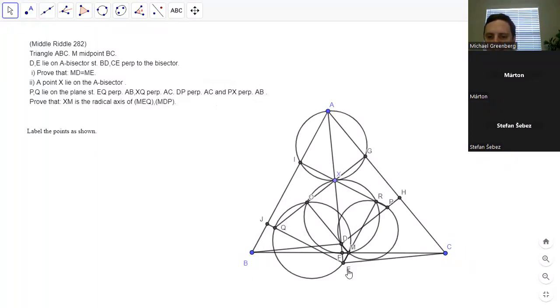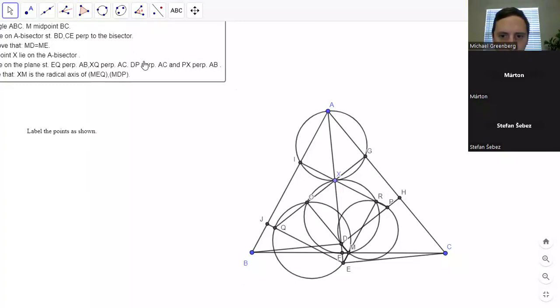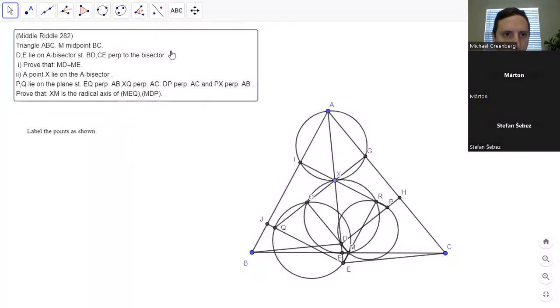And in both cases, the ratio of similarity is lambda. Yeah. But in one case, it's 1 over lambda, and then XO times XQ must be XR times XP. So yeah, it makes sense. All right, I'm going to type it up.